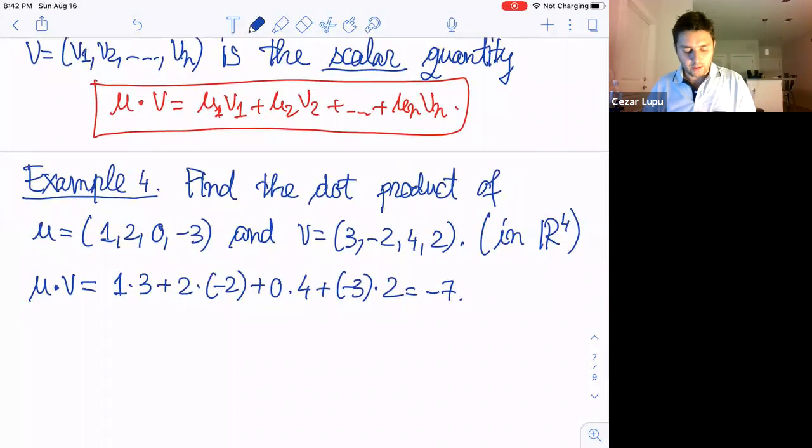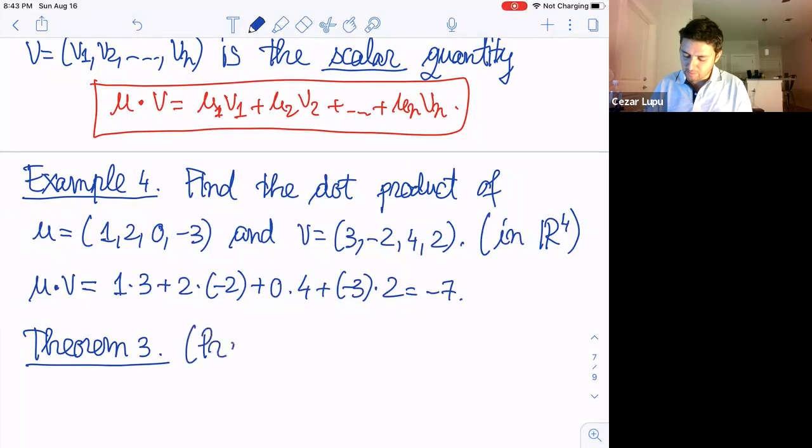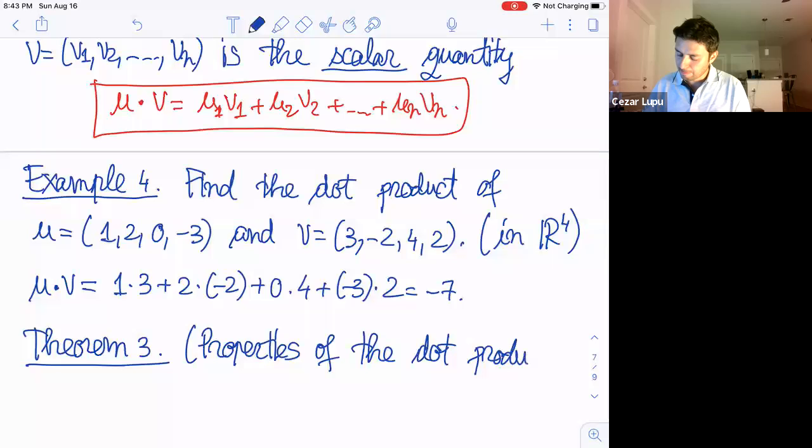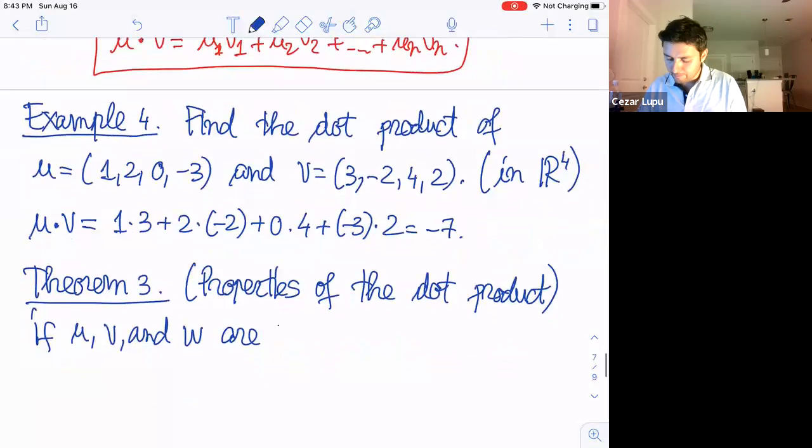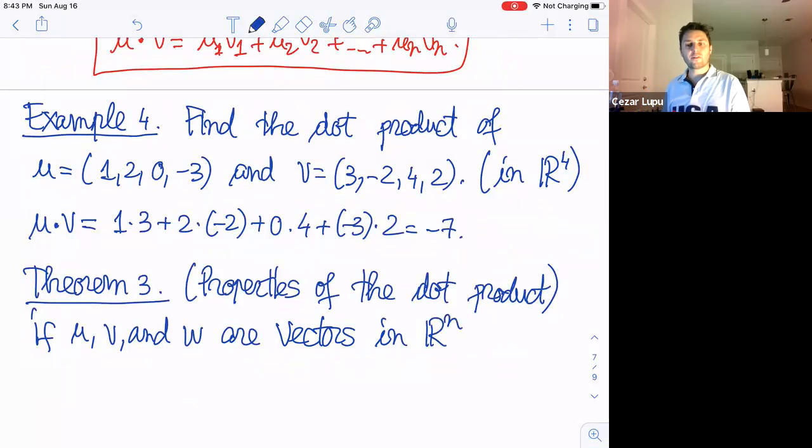And now the following theorem, theorem 3, I think, will give us more insight about the properties of the dot product. Let's mention them, properties of the dot product. All right, beautiful. And now let's consider three vectors. If u, v, and w are vectors in Rn, keep in mind that all the vectors we'll consider in this lecture are vectors in Rn.